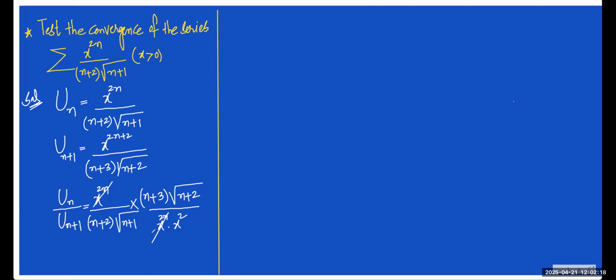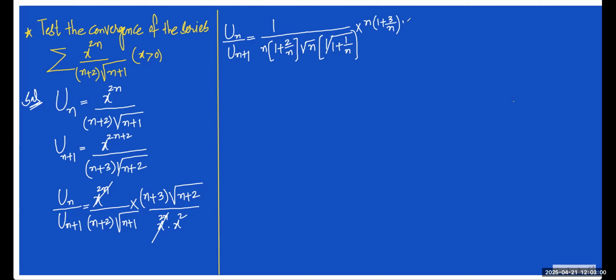So before applying the limit, taking n common also here, UN by UN plus 1 is equal to, if you take n common, we get 1 plus 2 by n. Even in the root also, if you take n common, you get 1 plus 1 by n under the root only, multiplied by n common, we get 1 plus 3 by n.